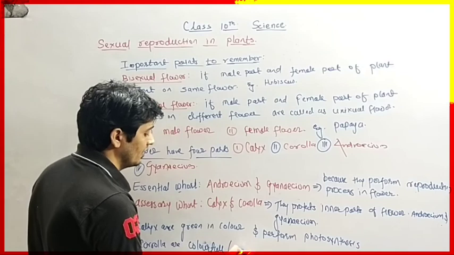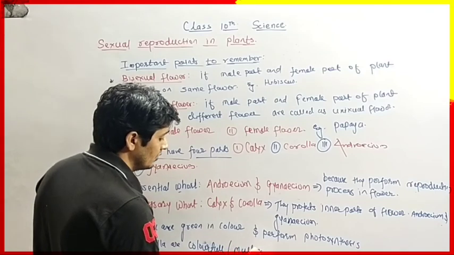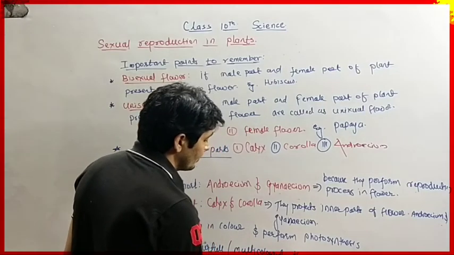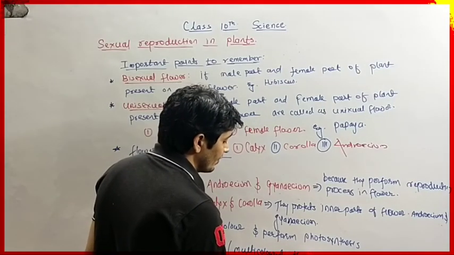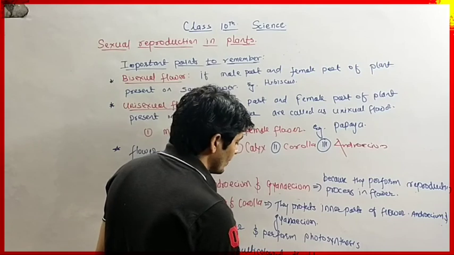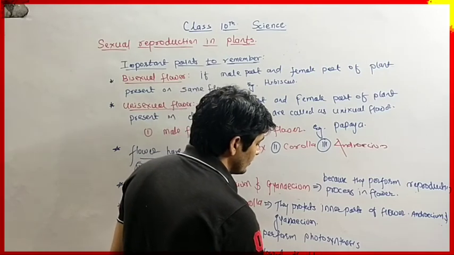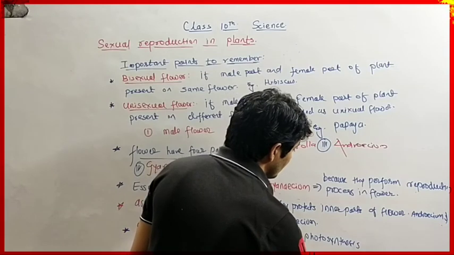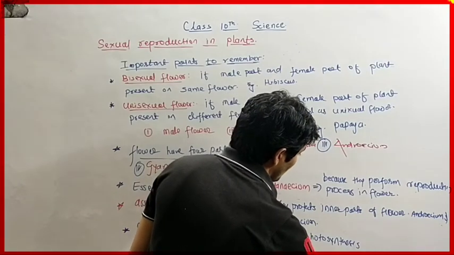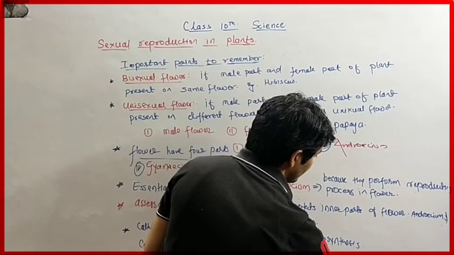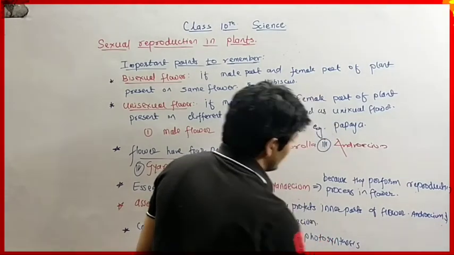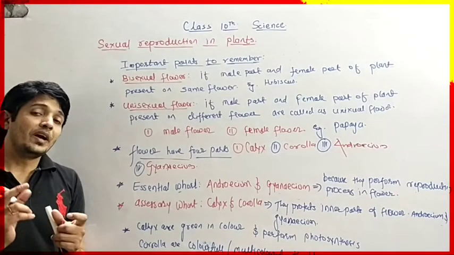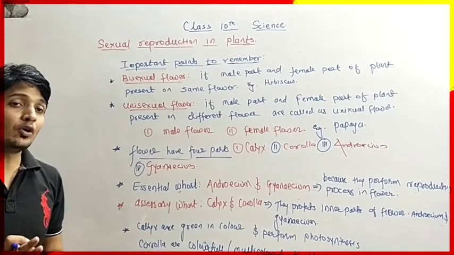They help to attract insects for pollination. Okay, if a flower has a pedicel on it, then it is called a pedicellate flower.